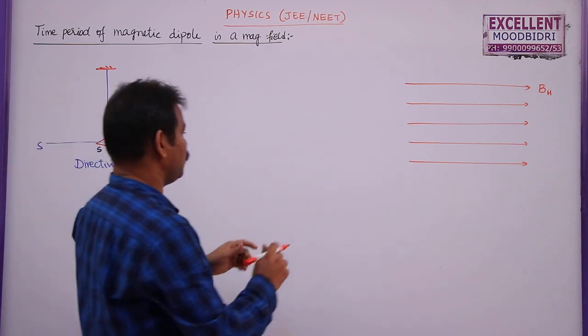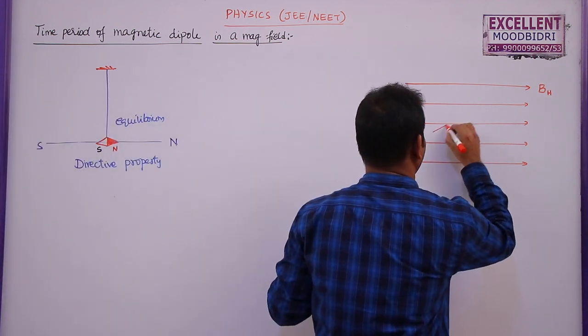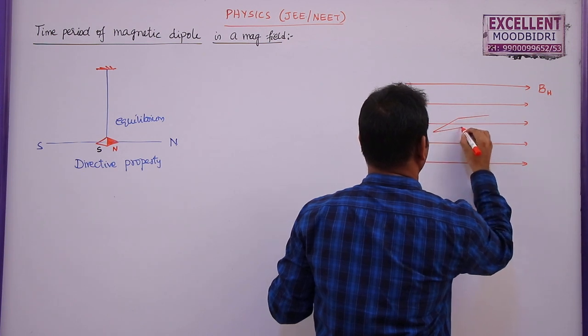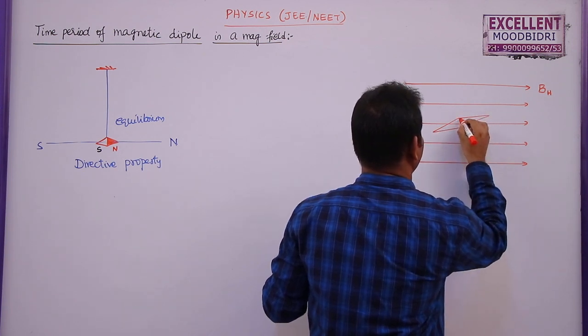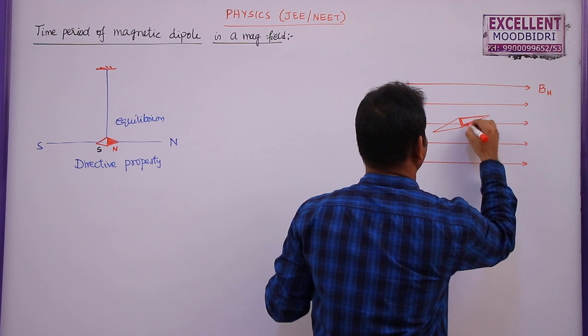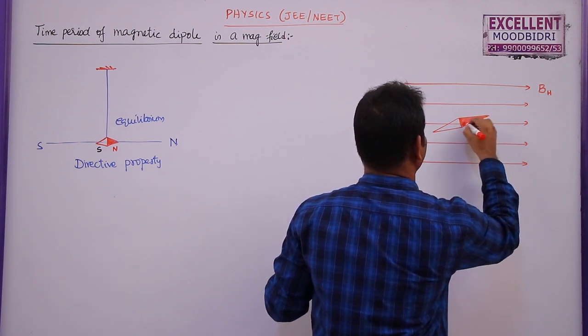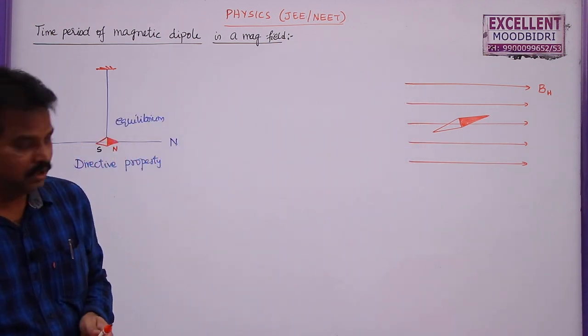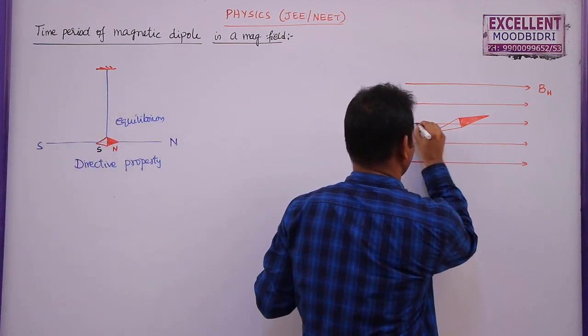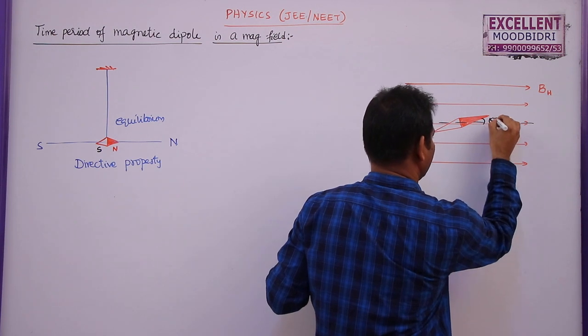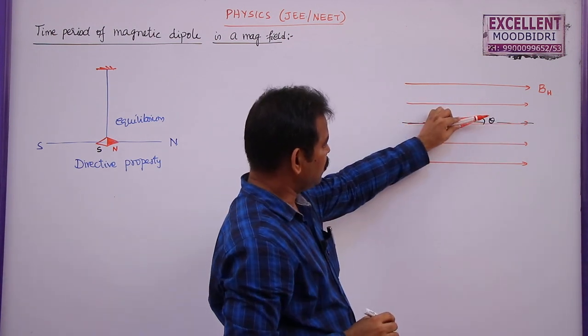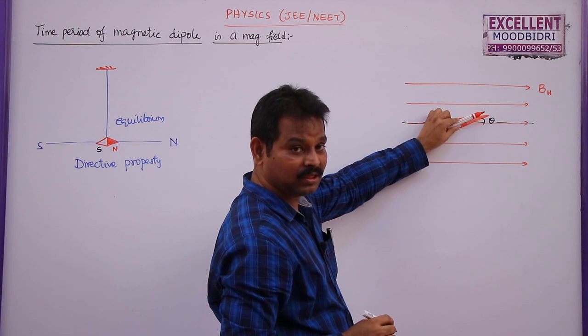This is the small magnetic needle, already in the north-south direction of Earth, but I am displacing it through an angle theta from the equilibrium position. This is the angle made by the magnet.